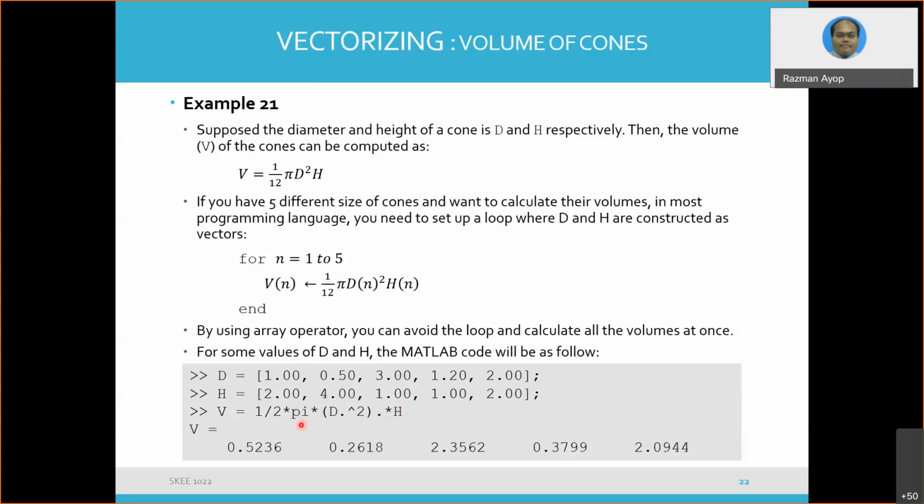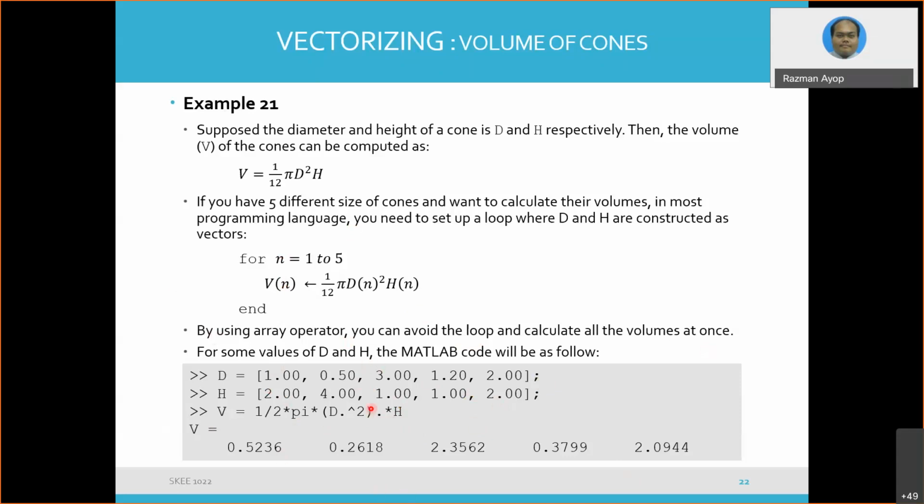Automatically, it will multiply the pi for this one, this one, this one, this one, and this one. So basically, you don't have to do the for function. So this is much faster. Just put dot. Okay, you can try this using your own value.